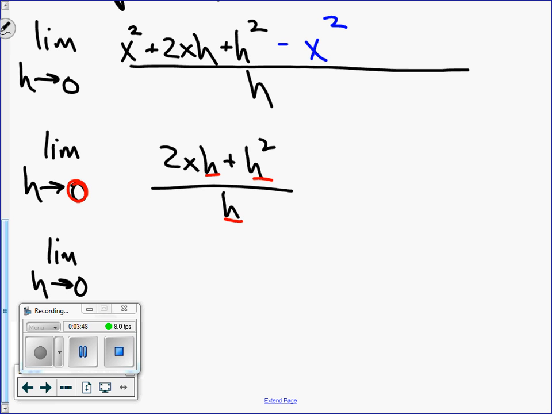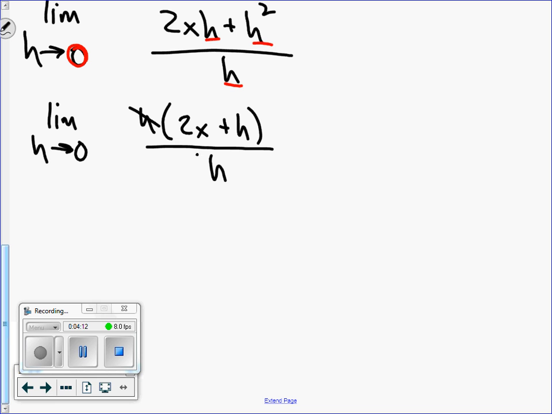We're being recorded, right? So if we factor the h away from the two terms in the top, we factor the h away from 2xh, that leaves us with 2x. We factor the h away from h squared, that leaves us with an h. And by factoring the h out of every term in the numerator, I can cancel it with the one h that's in the denominator.